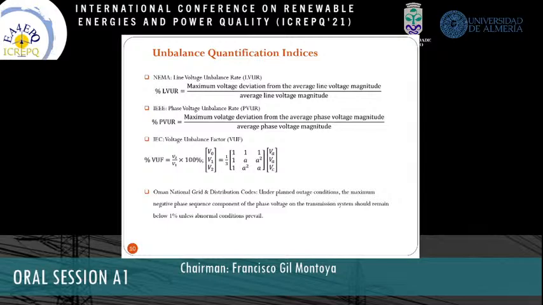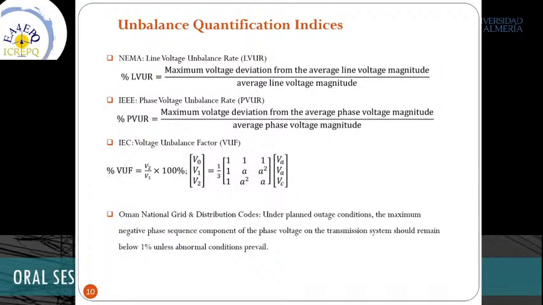The Institute of Electrical and Electronic Engineers IEEE used the same unbalance description with a slight change, as the IEEE applies phase voltage instead of line-to-line voltages. The most common definition of unbalanced voltage is the voltage unbalance factor under the International Electrotechnical Commission's IEC, which is known as the voltage components relation of the negative sequence to the positive sequence.